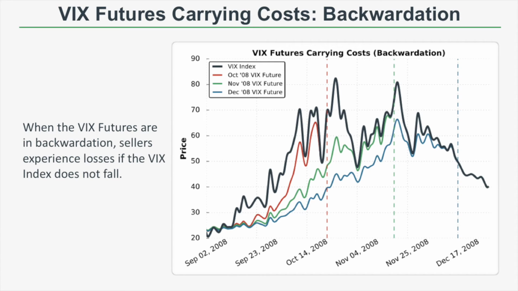So, when the VIX futures are in backwardation, the sellers of VIX futures actually experience losses if the VIX index does not fall, which means the carrying costs are now pushed onto the VIX futures sellers. The carrying costs are pushed onto the seller when the curve is in backwardation because if the VIX index remains high, each VIX futures contract is going to appreciate in value as their settlement dates approach.